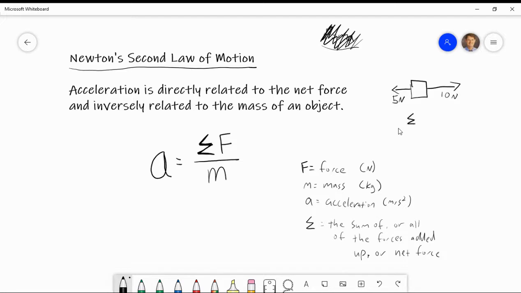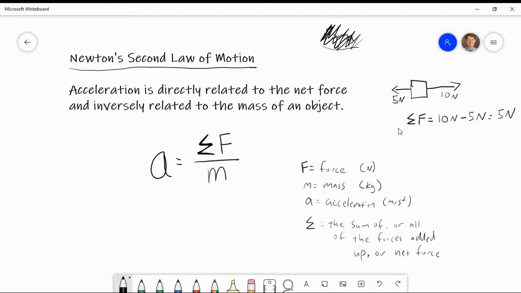The sum of the forces on this object: 10 is to the right, 5 is to the left, so I'll say negative 5. So 10 Newtons plus negative 5, or 10 minus 5, means the sum of the forces on this object is 5 Newtons, right?